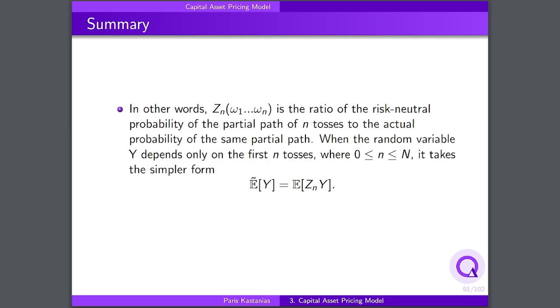Now Zn is the ratio of the risk-neutral probability of partial paths of n tosses to the actual probability of the same partial path.